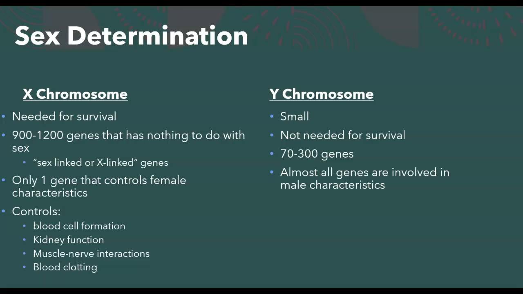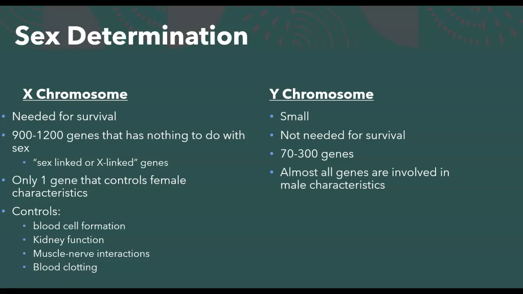So hemophilia, or the 2 clotting factors involved in hemophilia, they are found on the X chromosome. There's only one gene on this whole chromosome that really gives females their femaleness, for lack of a better word. Some of the other life necessary functions that the X chromosome controls are blood cell formation, kidney function, muscle nerve interactions, and then, like I mentioned before, blood clotting.